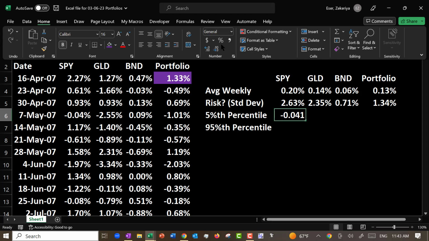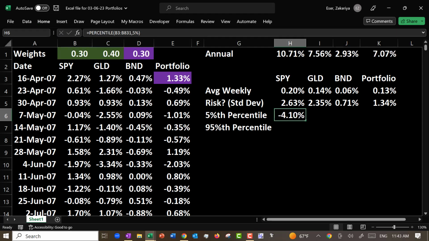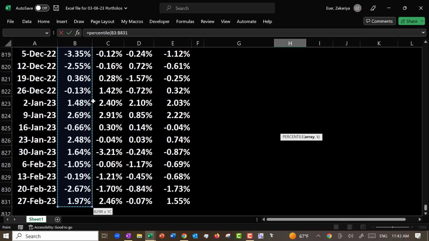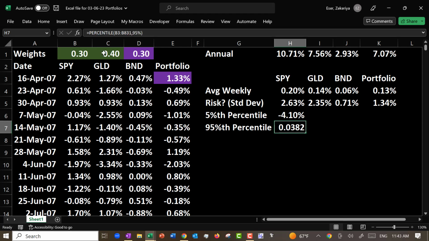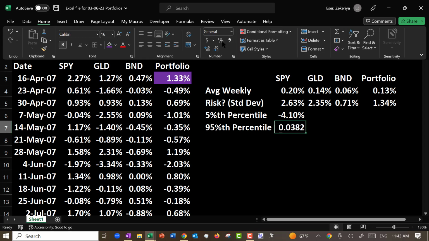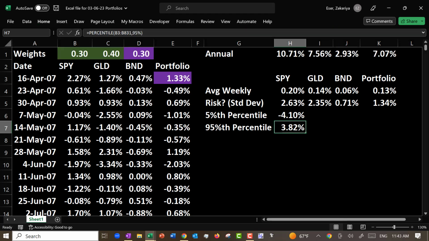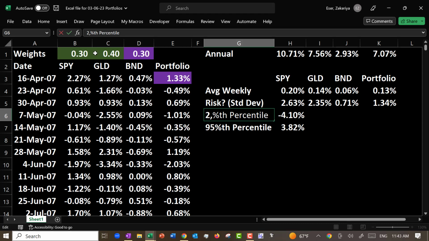And the second one, actually, let's make this 2.5 versus 97.5.